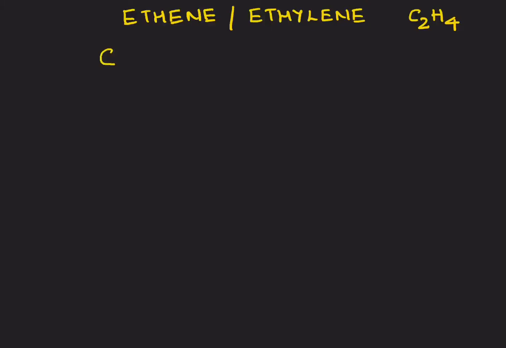I am now going to take the example of ethene. It is also called ethylene in the common system. Formula is C2H4. Now from the structural diagram, we know that there is a double bond between the 2 carbon atoms, right?